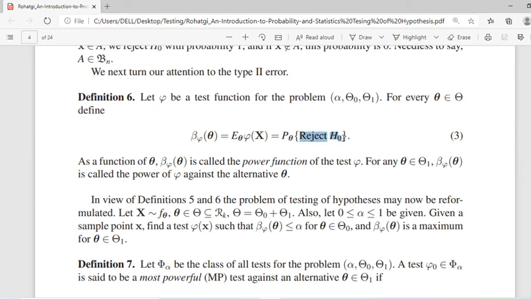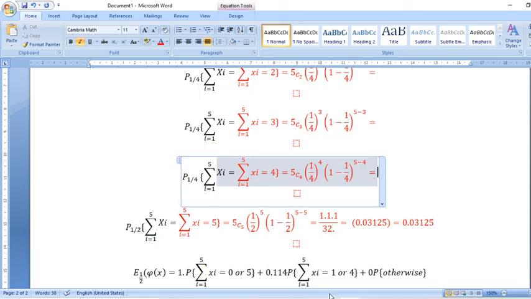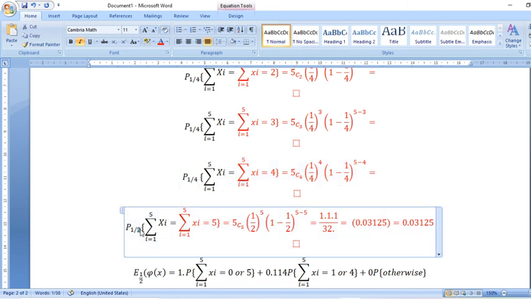Power function is rejecting H0 or accepting H1, that is, rejecting H0 when H1 is true. So what value is considered true here? 1 by 4. When we consider p equal to 1 by 4, H1 is true. What is the probability of rejection? This is the probability of rejection for various values.